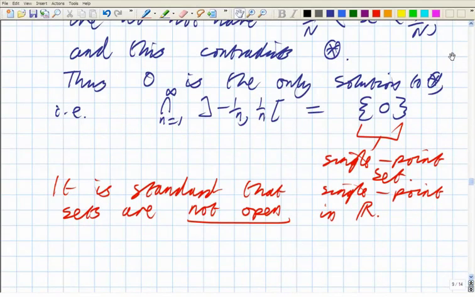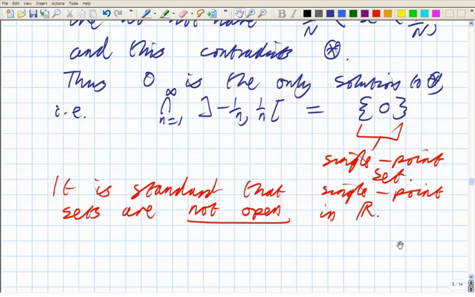Obviously, it's got one point, and that point is a non-interior point. It's definitely not open. So here you've got it, an intersection of infinitely many open sets giving you a set which isn't open anymore.